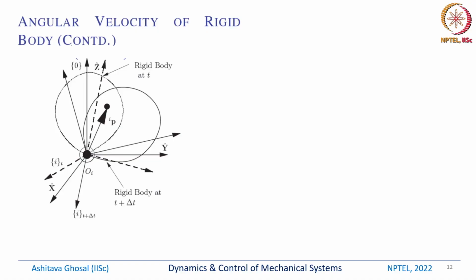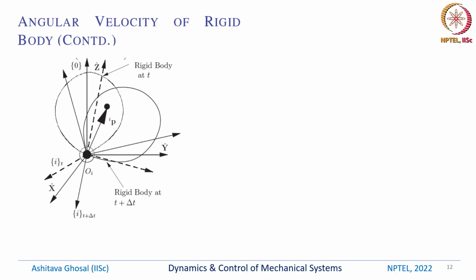We are only interested in the rotation, so we will look at this rotation with one point fixed. The origin of the two coordinate systems, x, y, z at 0 and x, y, z at t and t plus delta t, are not changing.